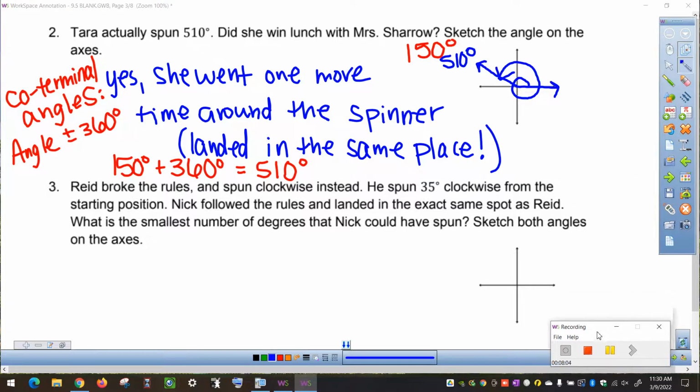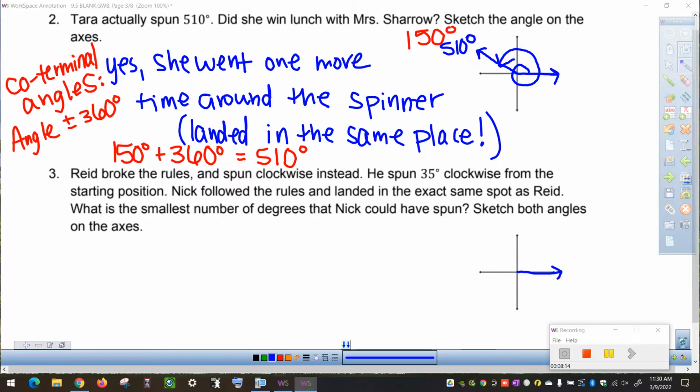So if we were to draw that here, this is our starting position, and we're going 35 degrees clockwise. It's kind of like 35 degrees backwards of what we originally were doing. The terminal side might look something like this. So a little more than that 30-degree vector size, just a tiny bit more. It's 35 degrees backwards.